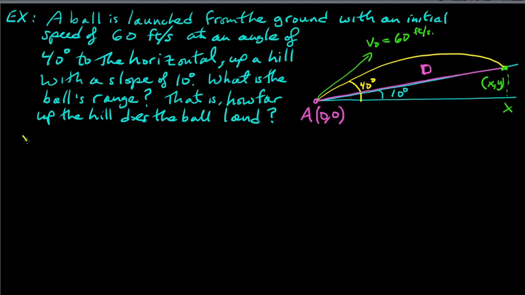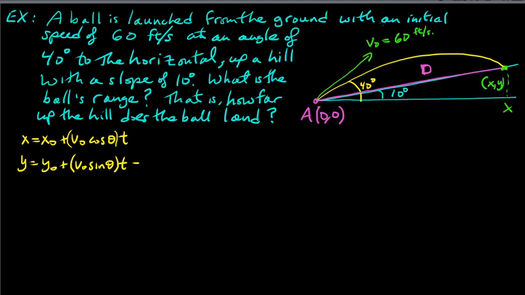So remember the x position is just going to be x0 plus v0 times cosine of theta times t. And then y is going to be y0 plus v0 times sine of theta times t minus 1/2 gt squared.